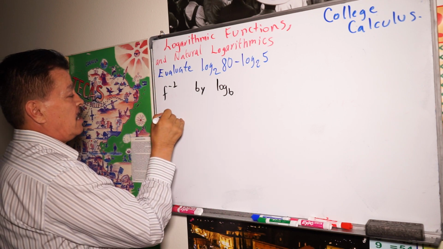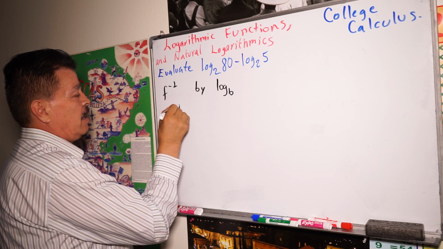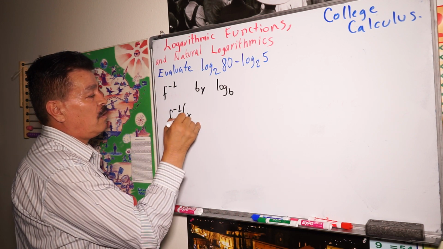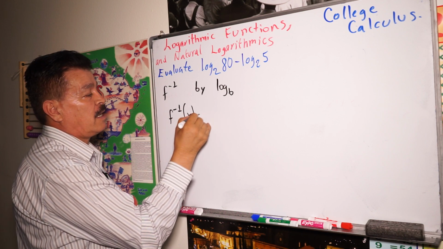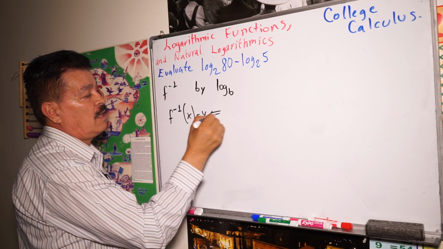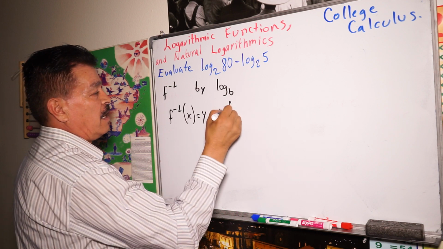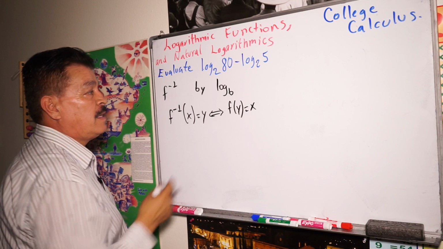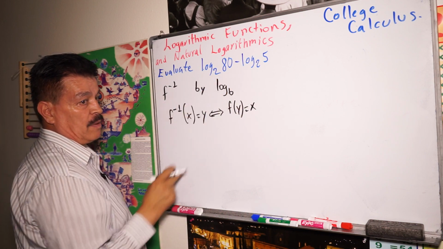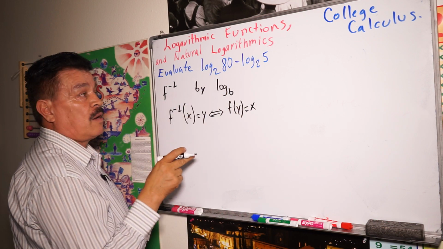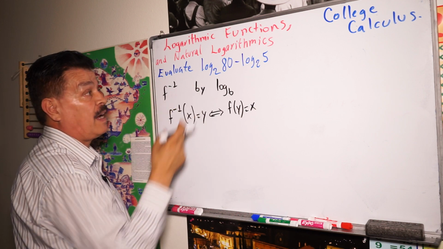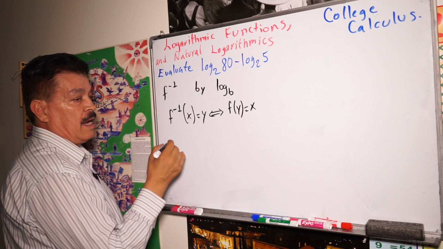For instance, if this is an inverse, this means the inverse of x equals y, so f of y equals x. There's some concept before solving this problem, to see the background where the ideas for getting the answer come from.